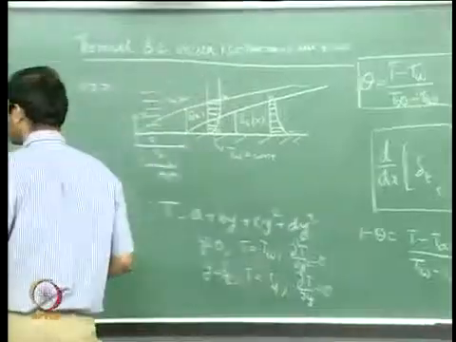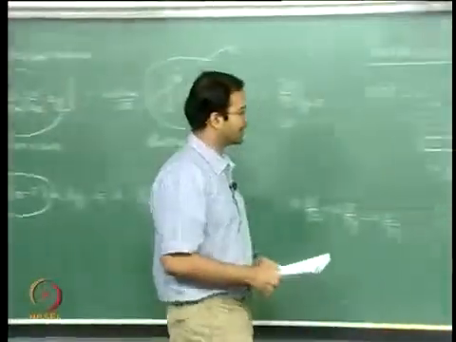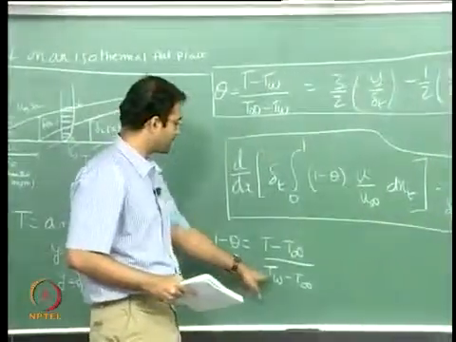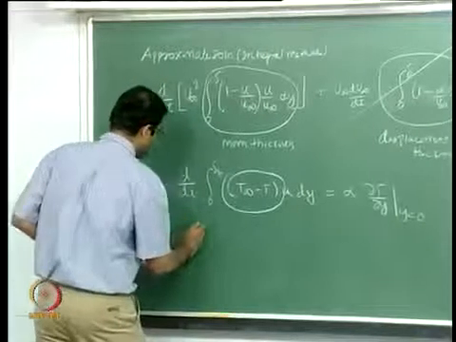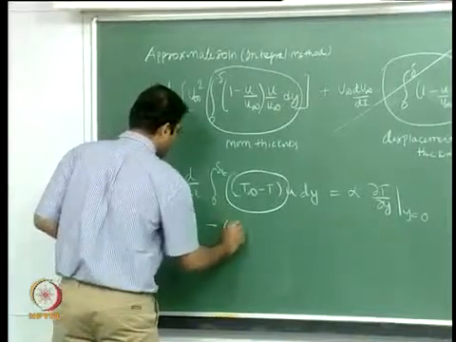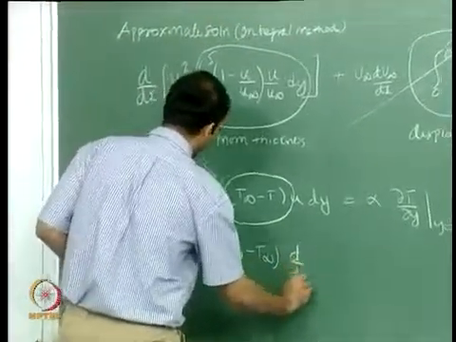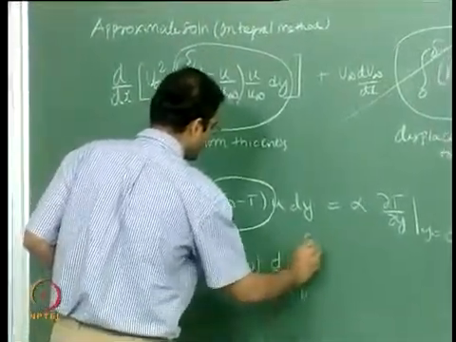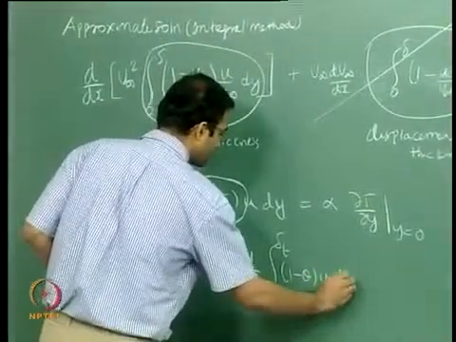See, okay, so T infinity minus T, now I can write it as minus of 1 minus theta into T wall minus T infinity. Okay, so T wall and T infinity, they are constants, so minus of T wall minus T infinity, d by dx 0 to delta t into 1 minus theta u dy.